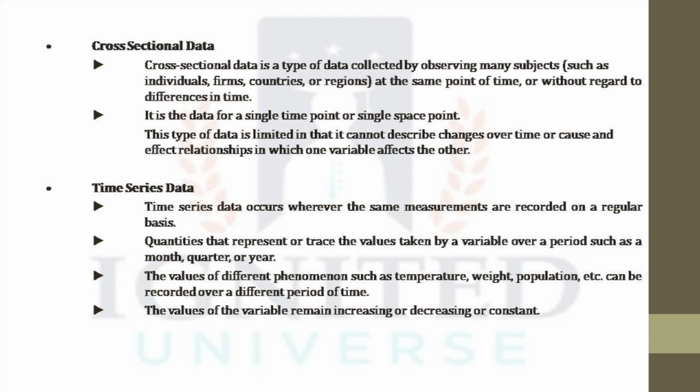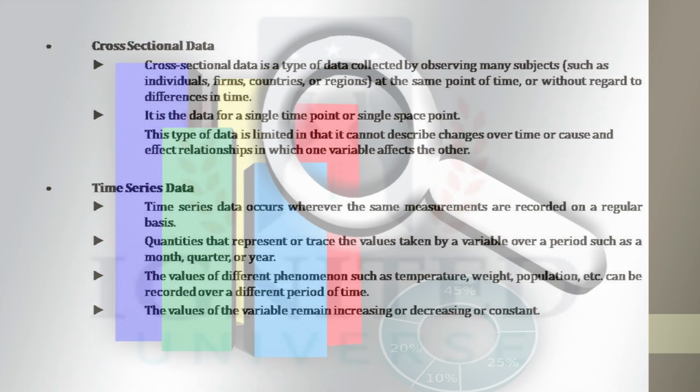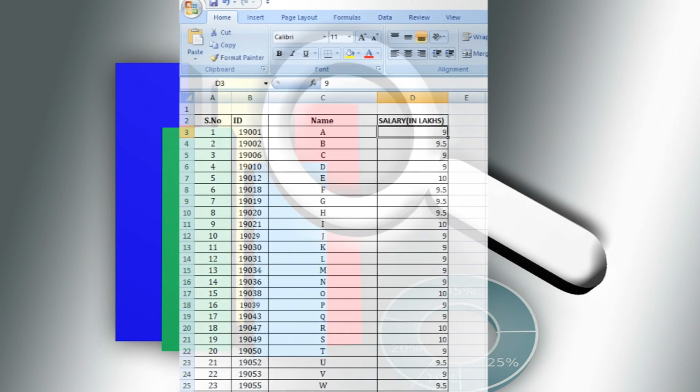This type of data is limited in that it cannot describe the changes over time or cause and effect relationships, in which one variable affects the other. An example of the cross-sectional data is, say, like this.